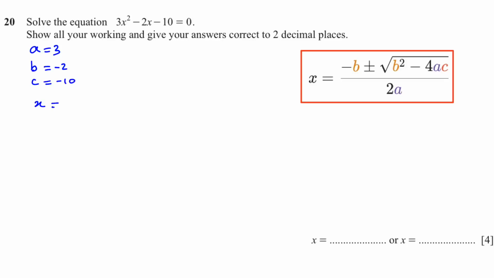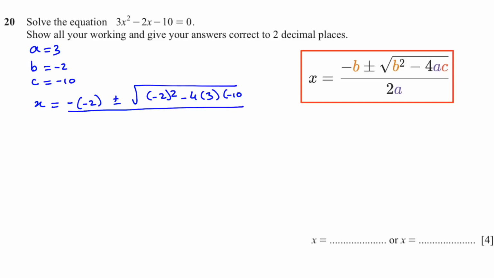Therefore, x is equal to negative. This negative is different and this negative is different. Put your B in brackets. Negative (negative 2) plus and minus the square root of (negative 2) squared minus 4 multiplied by 3 multiplied by negative 10, over 2 times 3.